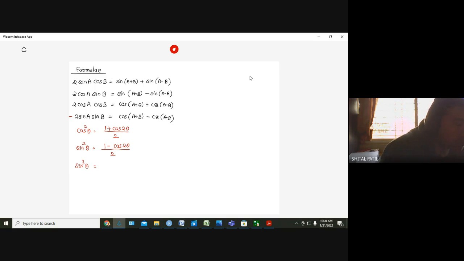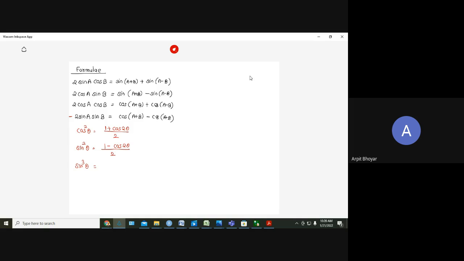Who remembers the sin cube theta formula? Three sin theta minus sin 3 theta upon 4.